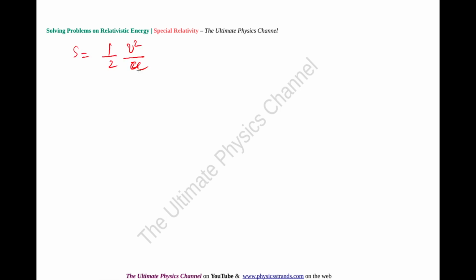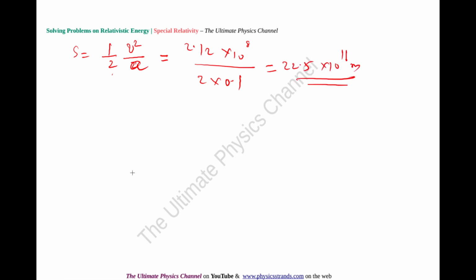That would be 2.12 into 10 power 8 squared over 2 into acceleration 0.1. If I do that, I get 22.5 into 10 power 16 meters. That is the distance over which this object will move.